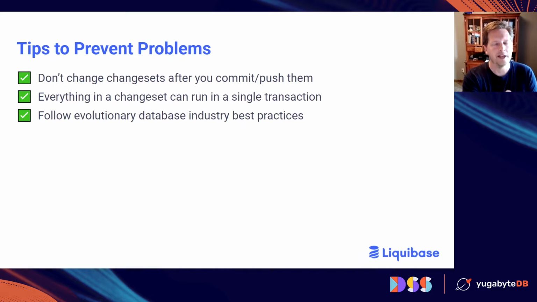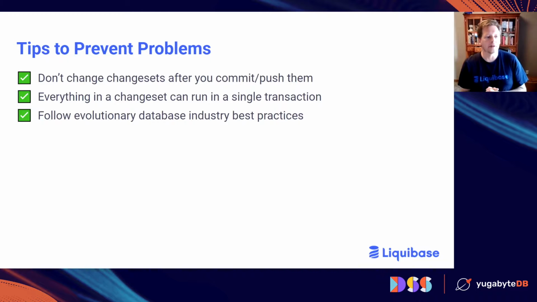So if you create one table, create another table in the same change set, and the first table succeeds and then the second fails, the rollback of the transaction that Liquibase tries to do won't actually roll back that first create table, and subsequent attempts to run Liquibase will fail with a table already exists error. So the easy rule of thumb is that you should only have one statement in a change set. There are definitely exceptions to that based on how transaction handling is done, but make sure that your change sets really can be run as a single process or as a single transaction.